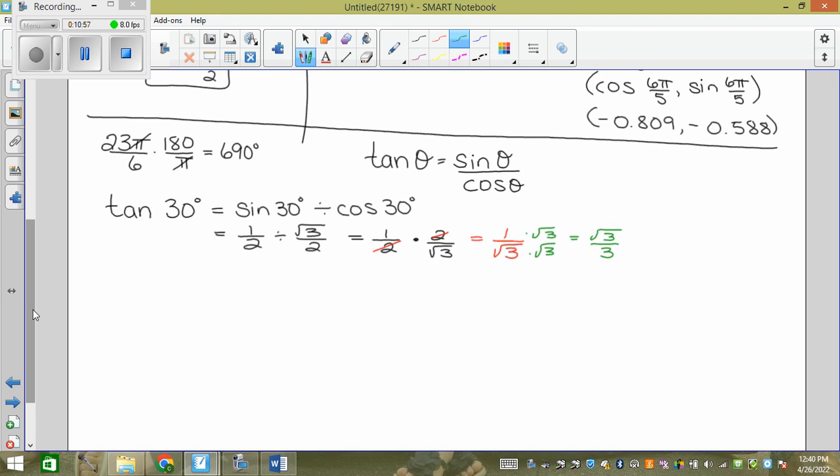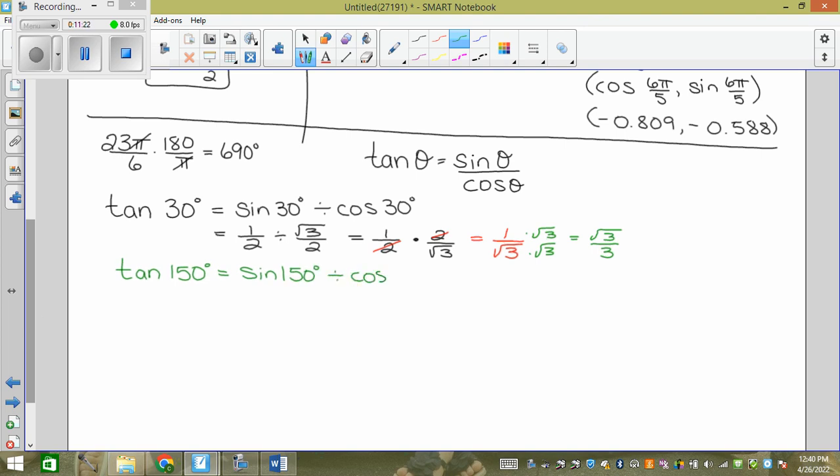All of the tan 30s, reference angles, will all be root 3 over 3s. Some will just be positive and some will be negative. So how do I know which ones are positive or negative? Well, if I did tan of 150, it would equal sine of 150 divided by cos of 150.